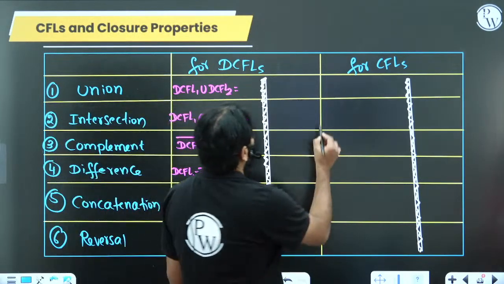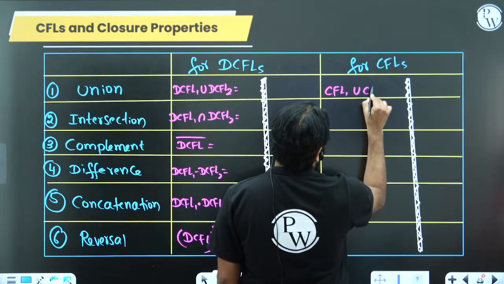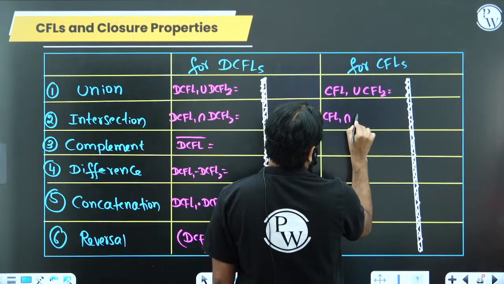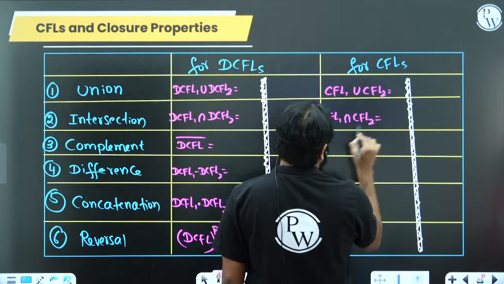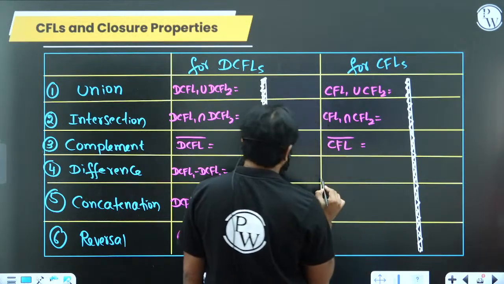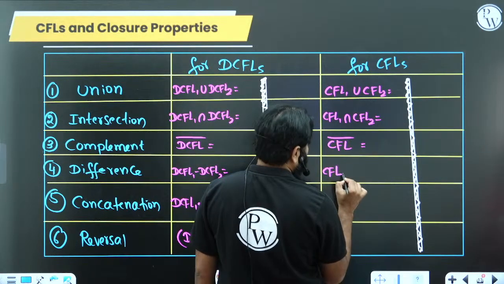Similarly, you also answer for CFL: CFL1 union CFL2, CFL complement. These are general statements. If a particular language is given, you should give the exact answer.